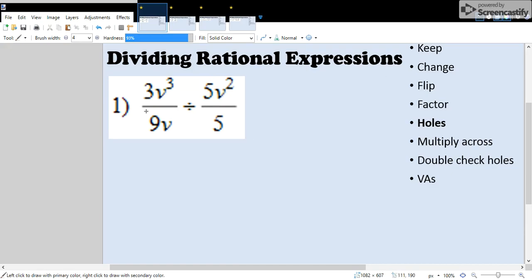So let's keep the first fraction, change the division sign to a multiplication sign, and then flip the second fraction.